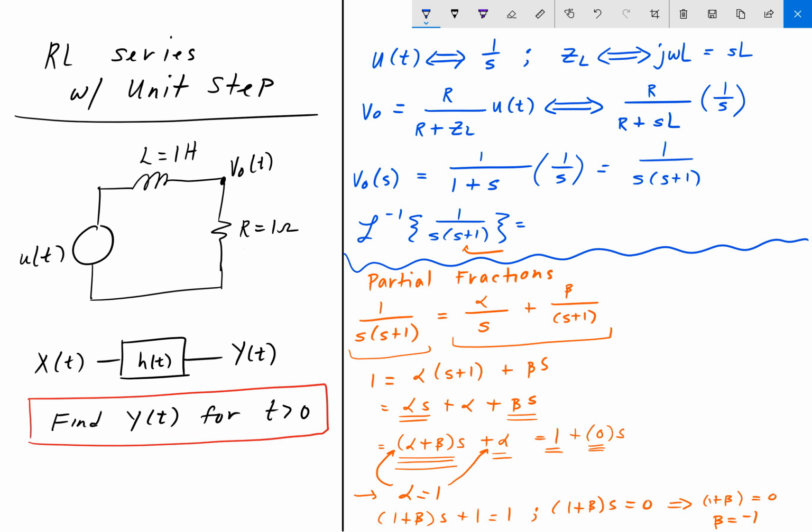And now we want to find the inverse Laplace of this partial fraction. So that'd be 1 over s plus beta, which is now -1, over s plus 1.